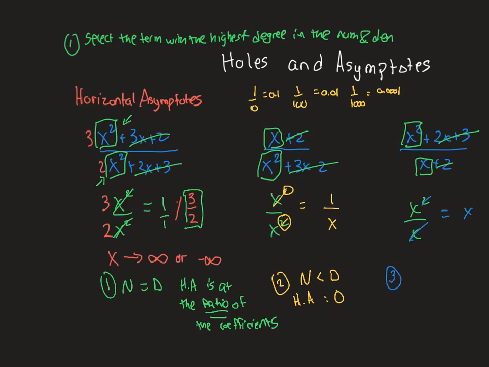So in this third case, where the numerator was bigger than the denominator, because you could see here that my degree on the top was 2 and my degree on the bottom was 1, so the degree on the top was bigger than the bottom. There is no horizontal asymptote. And that is the 3 rules of horizontal asymptotes. They apply in any situation.